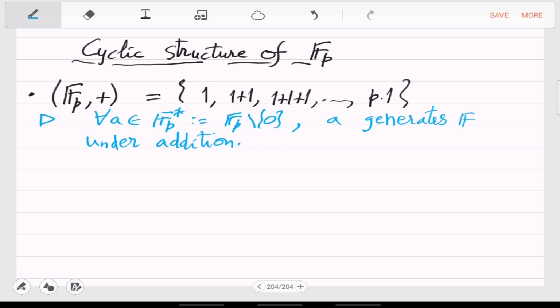Okay, this is a fairly simple property. And it is true for this finite field, this prime field. For other fields, it's not true.